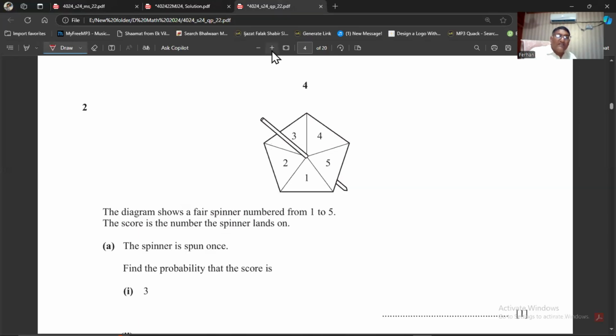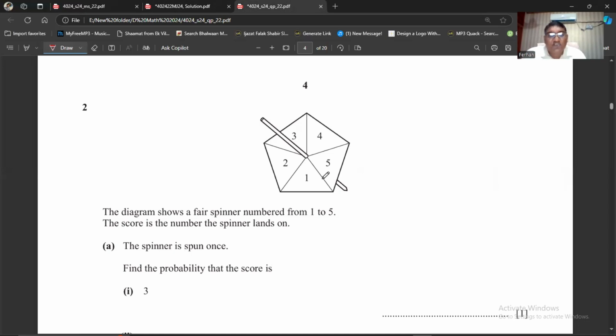Now we are going to the next question, question number 2. The diagram shows a fair spinner numbered from 1 to 5. The score is the number the spinner lands on. So there are 1, 2, 3, 4, 5, a total of 5 options. The spinner is spun once.